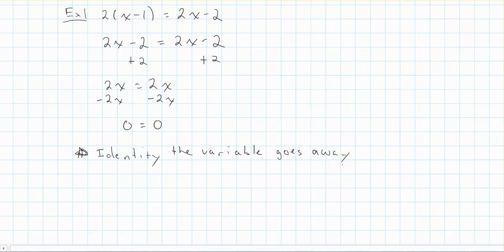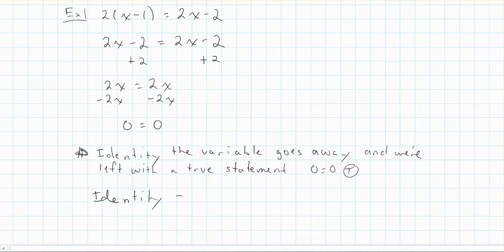It goes away because we subtracted 2x from both sides, and we're left with a true statement. Now what do I mean by a true statement? Well, 0 equals 0. Is that true? Yes, this is true.